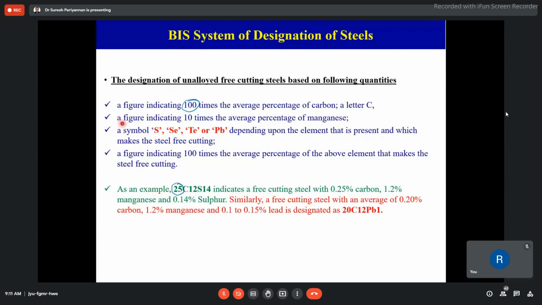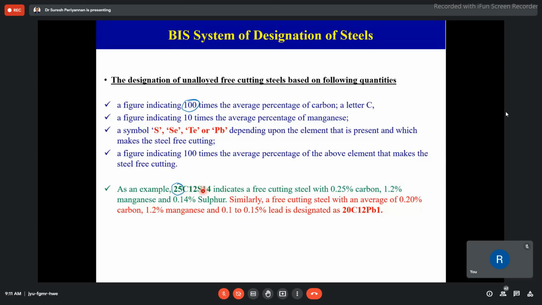Now the second step, the figure indicating 10 times the average percentage of manganese. Sorry, average percentage of manganese. Okay, and this is 12. 12 divided by 10. We are following this 10. The second step, the figure indicating 10 times the average percentage of manganese. 12 divided by 10, then 1.2 percentage of manganese.